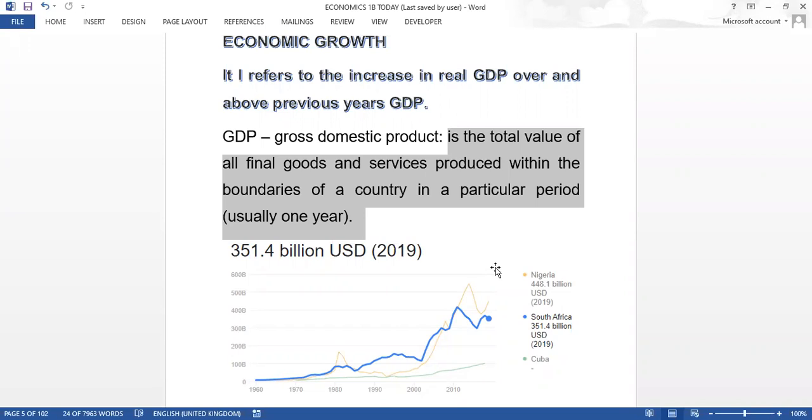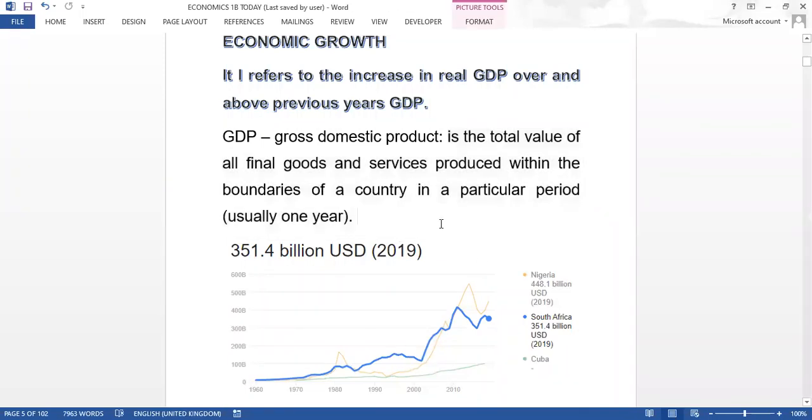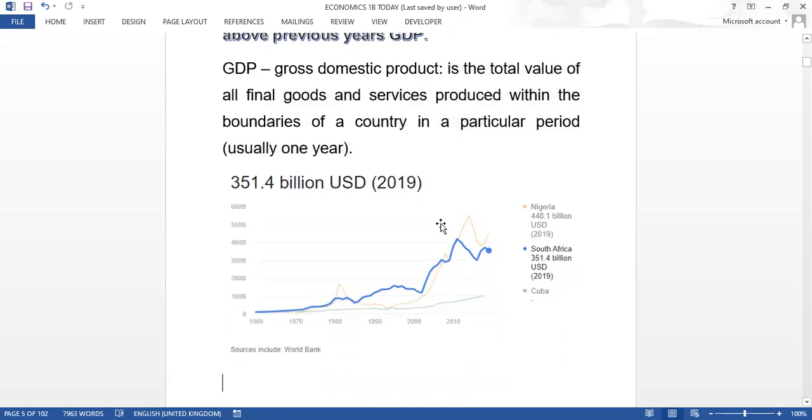So this gross domestic product is basically the total value of all those goods aggregated, and that total value is what we're referring to as the gross domestic product. So the chart that you have on your screen indicates the gross domestic product that has been produced for three nations.